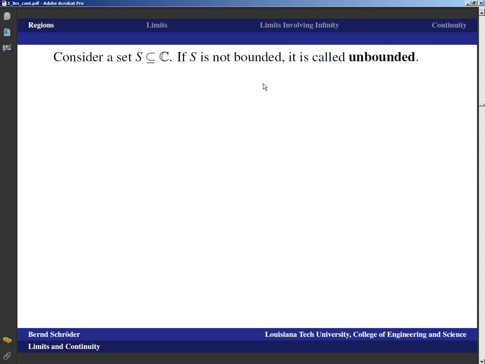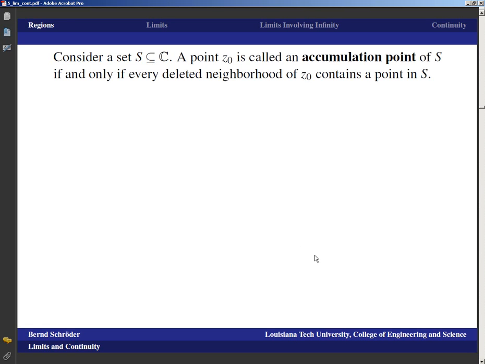Okay, and if S is not bounded, it's called unbounded. Can't draw a picture of that because, of course, unbounded stuff goes off to infinity, and that's rather hard to draw on a finite sheet of paper or a finite panel here.